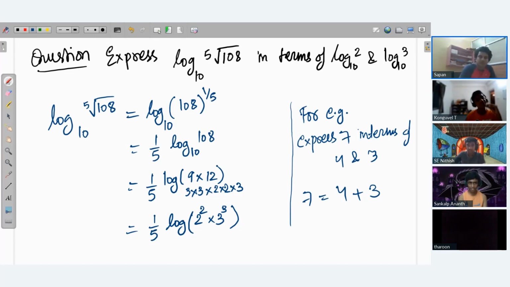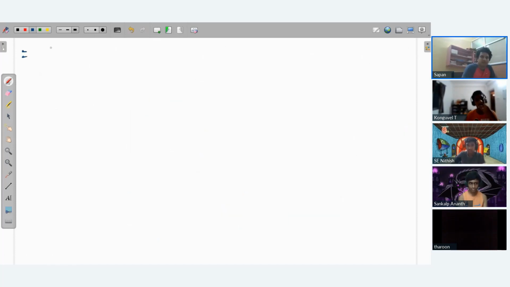So what will happen? It is equal to 1 by 5 log of 2 square into 3 cube on base 10.